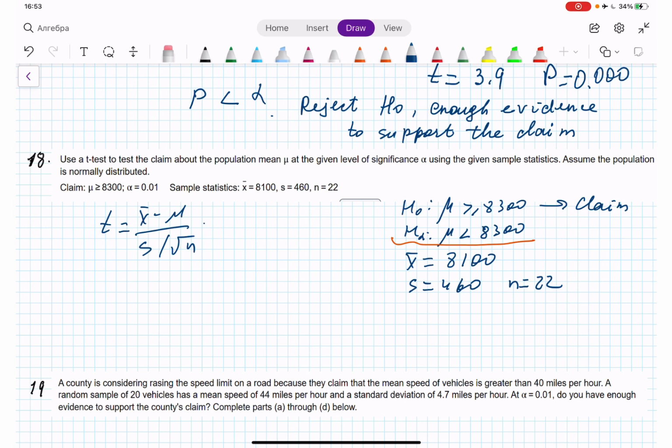So that is equal to 8100 minus mu, which is 8300, divided by S, which is 460, divided by the square root of 22.